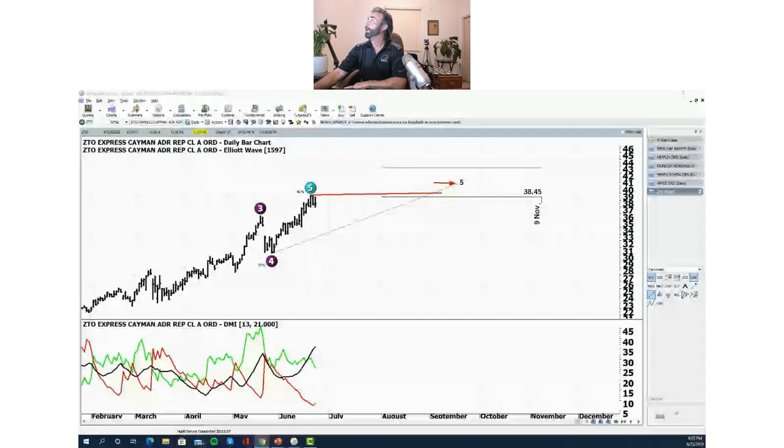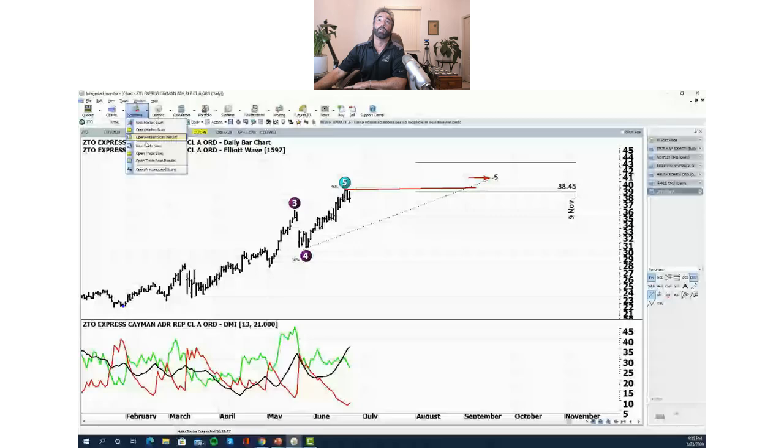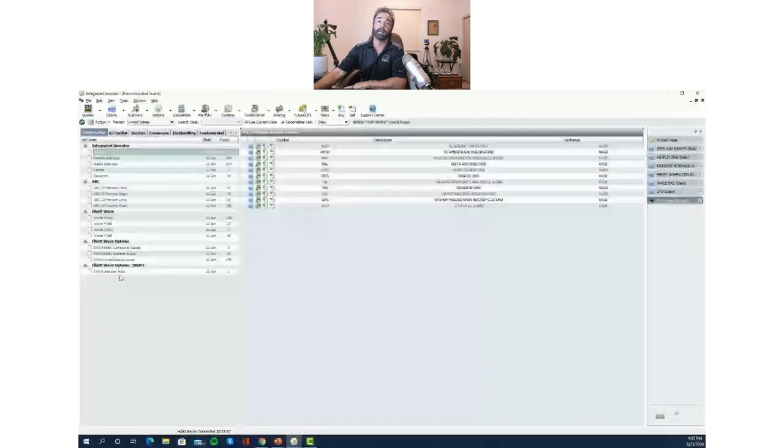So let's go ahead and run the search, and it's pretty easy to do so. See what window we're on. You come up here, and if you are a subscriber, you can go to pre-computed scans, and everything is already shown. So here was the question that I was curious about.